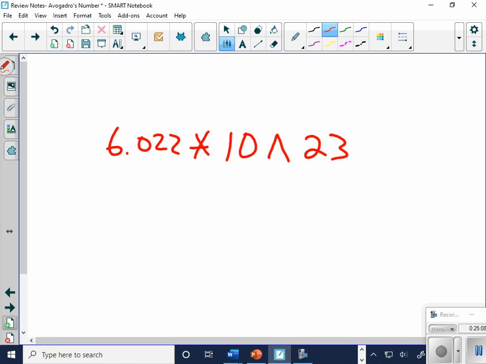And they say that this is Avogadro's number. Well, the problem with that, folks, is that if I follow the order of operations, I could get messed up. I'm going to be off, and usually it's off by a decimal place. My decimal is one place too far to the left or to the right.